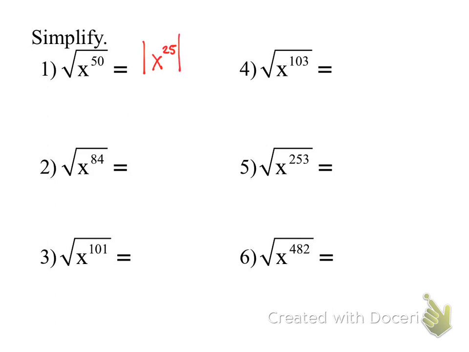Next one, number 2. Okay, Chloe. It'd be x to the 42nd. Good. Next one, Nicole. Break it down first. X to the 100th. Good. And what's the root of x to the 100th? X to the 10th? No. X to the 10th times x to the 10th does not equal x to the 100th.